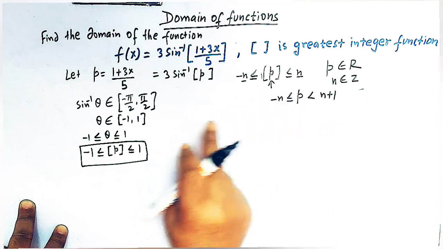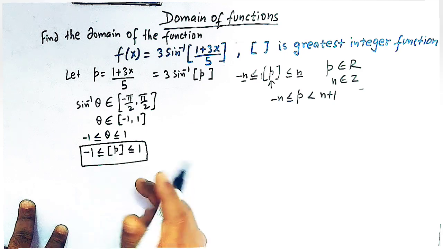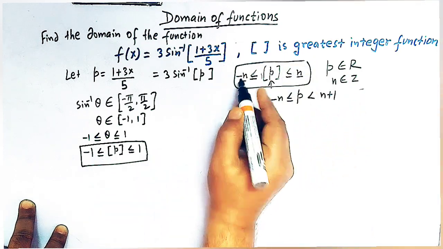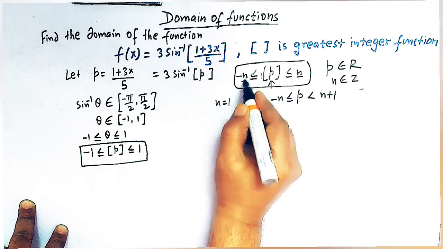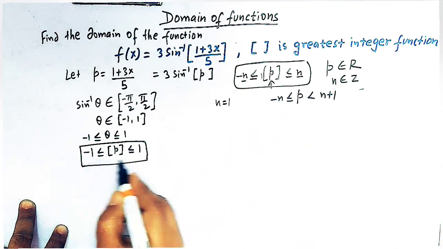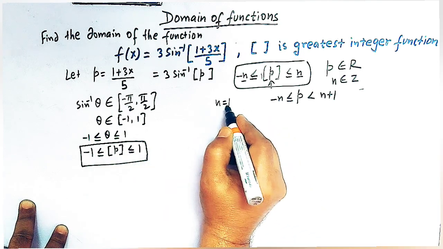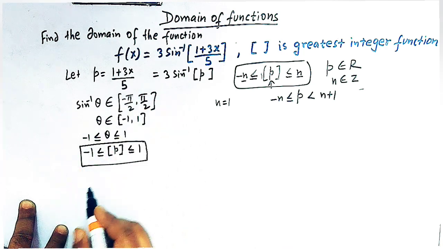Now if we compare this inequality with the one we have, the value of n is equal to 1, because here we have minus 1 and here we have 1, right? So n is equal to 1 and p is 1 plus 3x over 5.